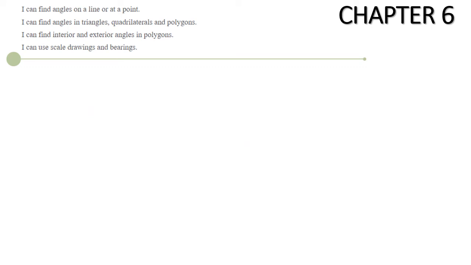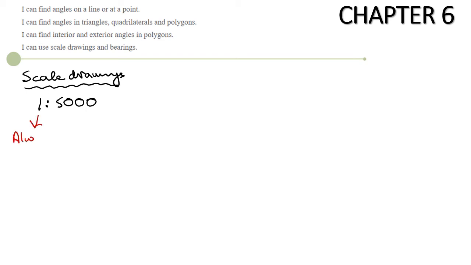So let's start with scale drawings. With scale drawings, you'll always have a scale which is something like this. Let's say 1 to 5,000. The number at the front is always 1. This number represents the measurement in the map or model.